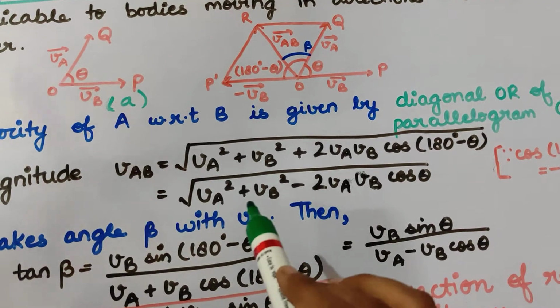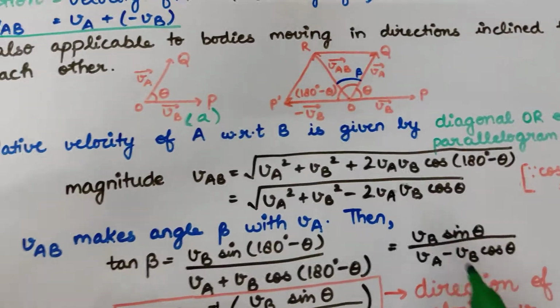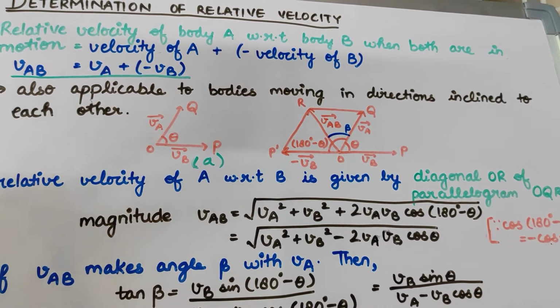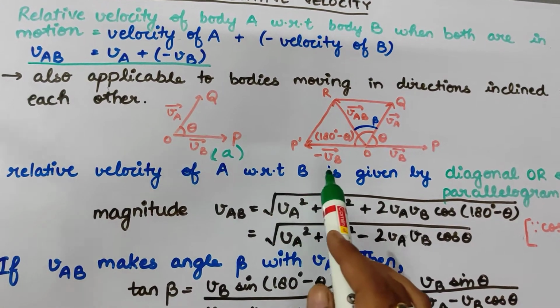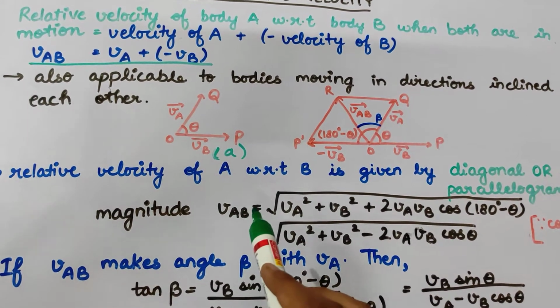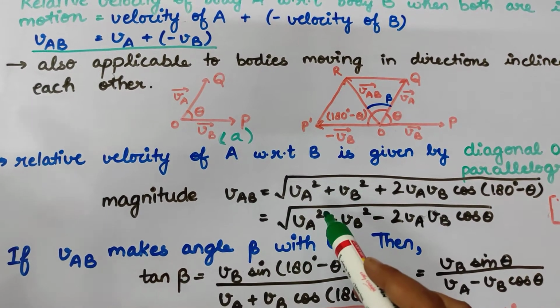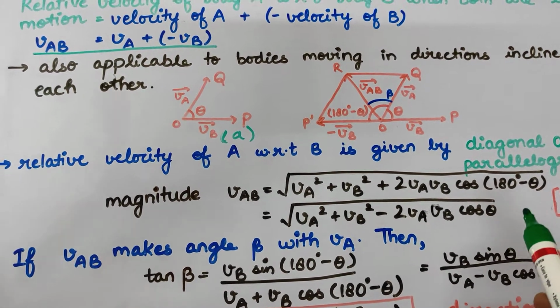So we can say that in the case when bodies are moving in directions inclined to each other, the magnitude of the relative velocity of A with respect to B, VAB, is given by under root of VA square plus VB square minus 2VA VB cos theta.